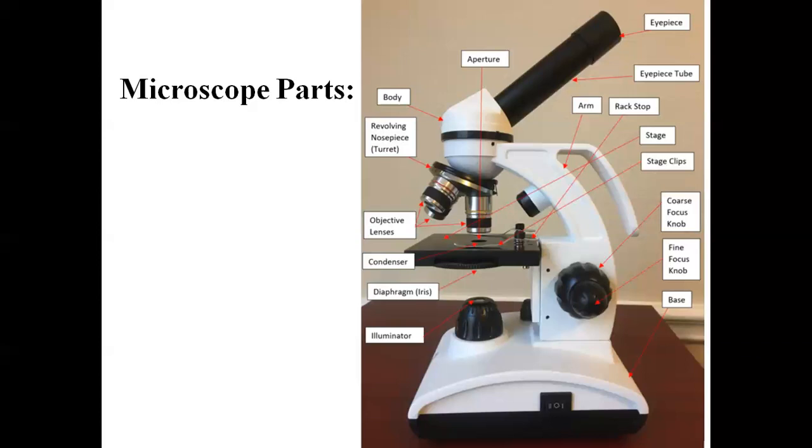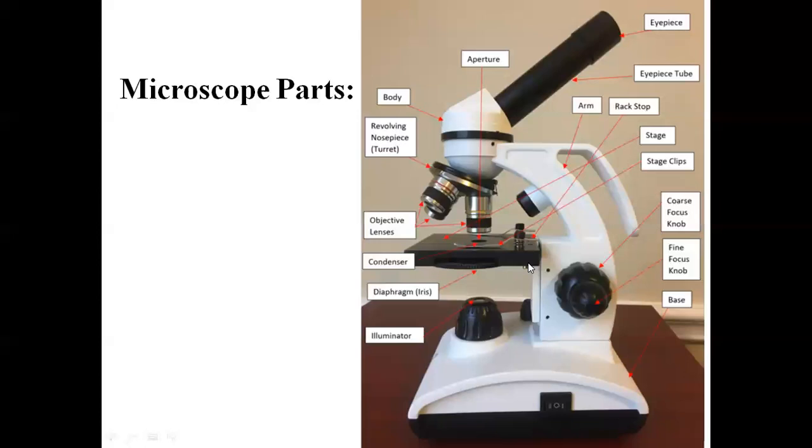Then another thing is the coarse and fine knob. You can see this big knob, that is your coarse knob. Then we have this small one, this is your fine knob. So what is the function of these? Whenever we place the sample on the stage, with the help of this knob we can move the stage up or down.